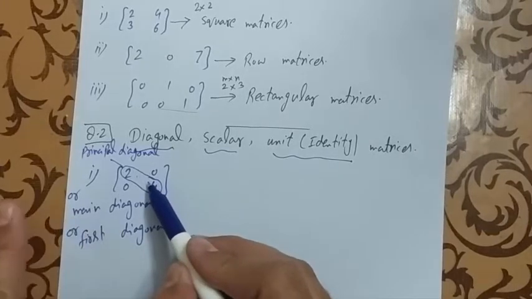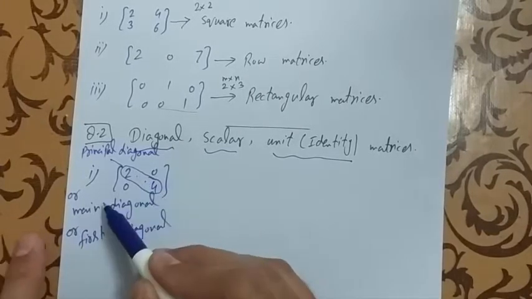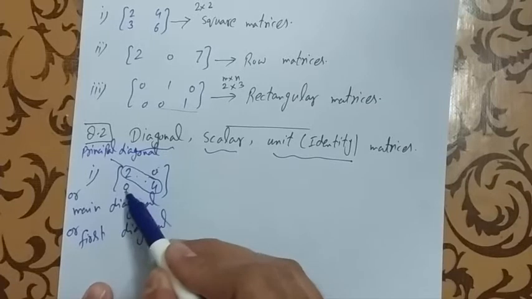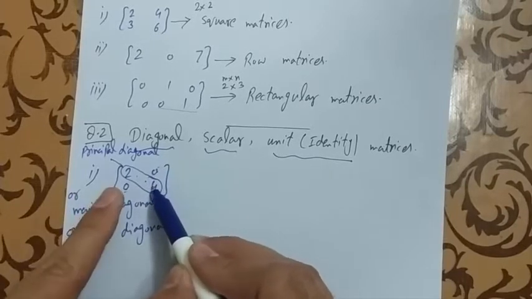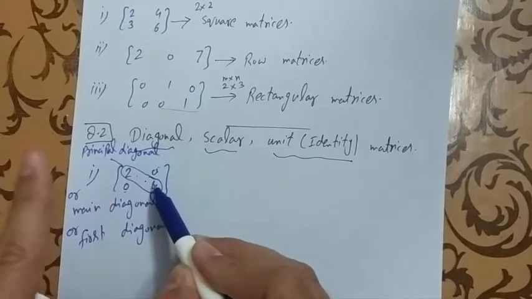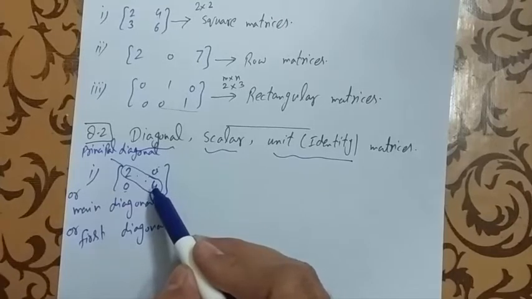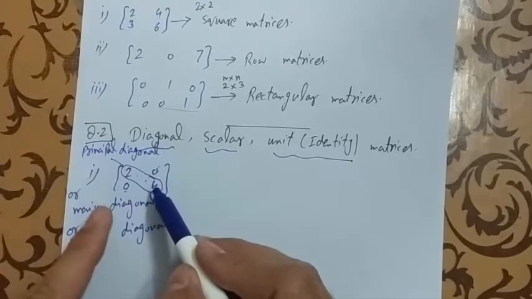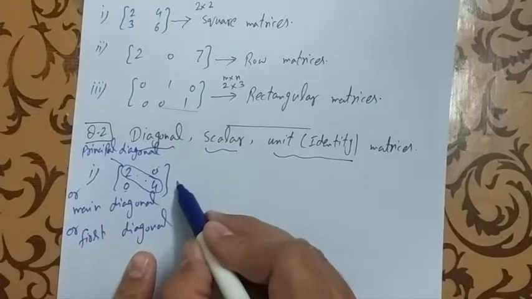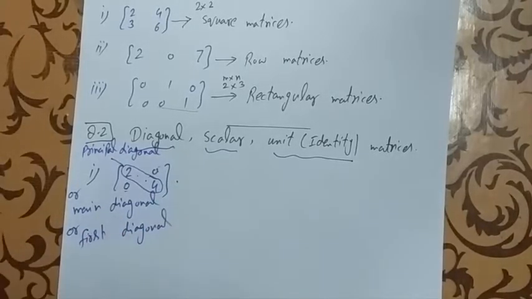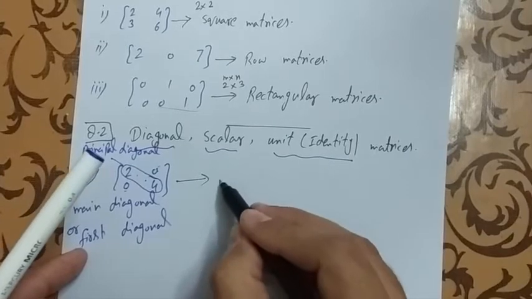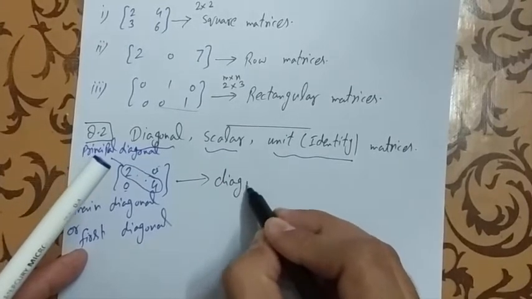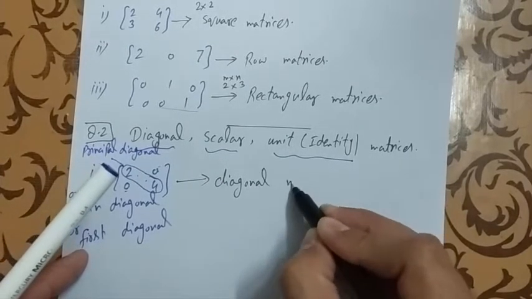If all the entries other than the main diagonal are 0, but at least one element in the main diagonal is not equal to 0, then this is a diagonal matrix.